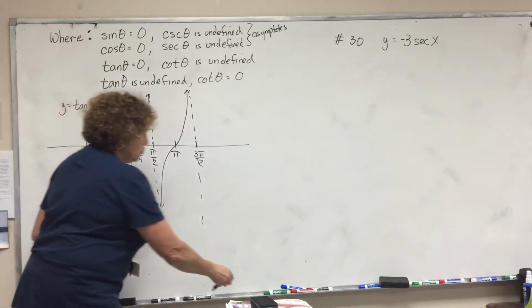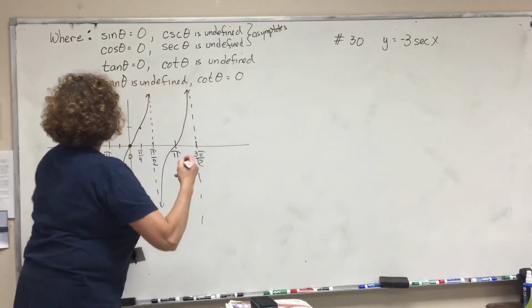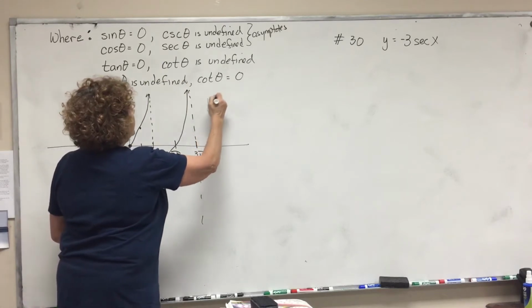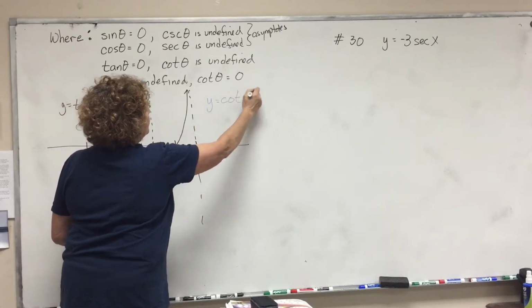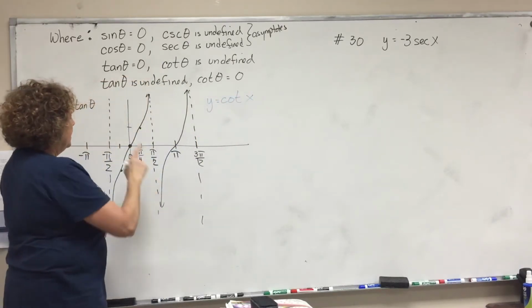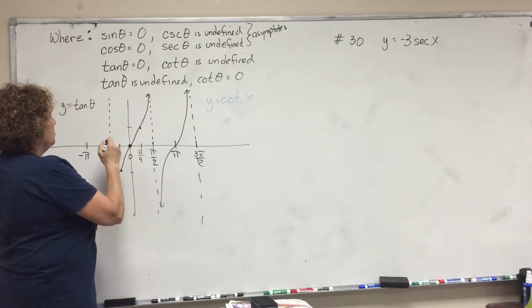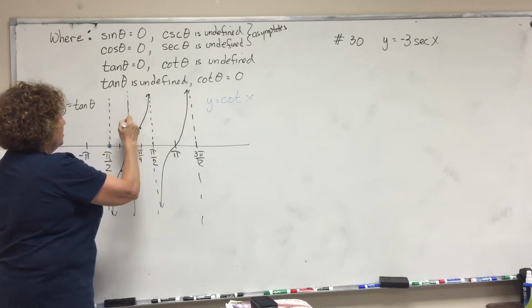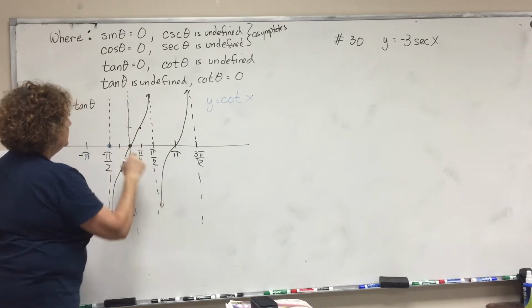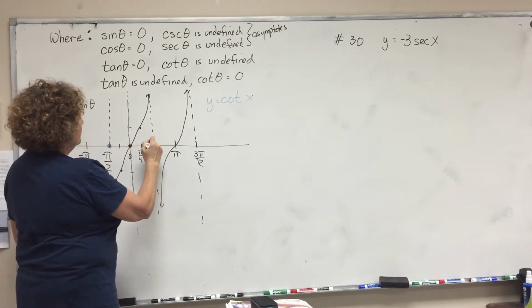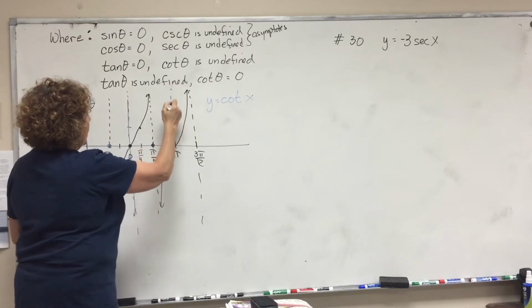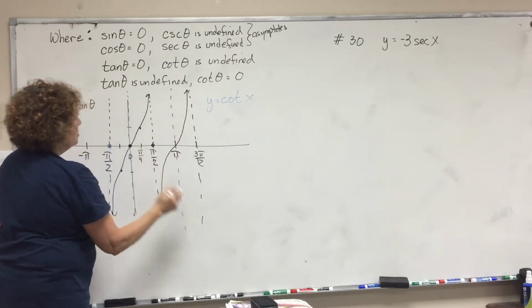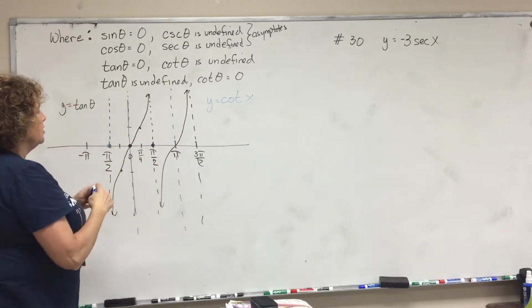Now, if I was to draw the cotangent, y equals cotangent of x, then everywhere there's an asymptote would now be a 0. Everywhere where there's a 0 would now be an asymptote. 0, asymptote. So see, it would shift it over.